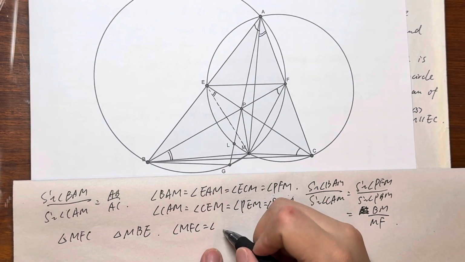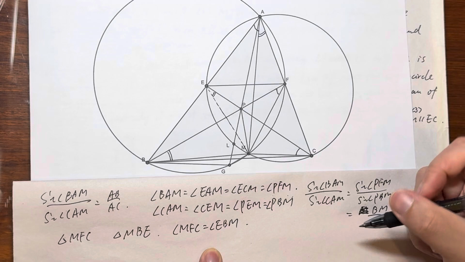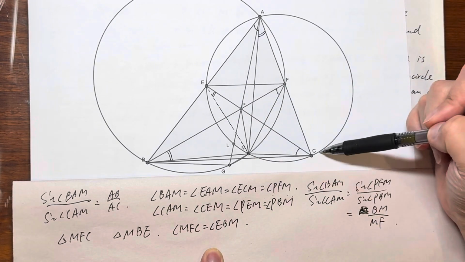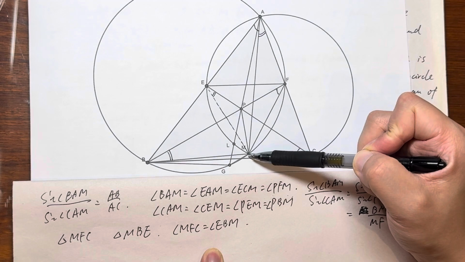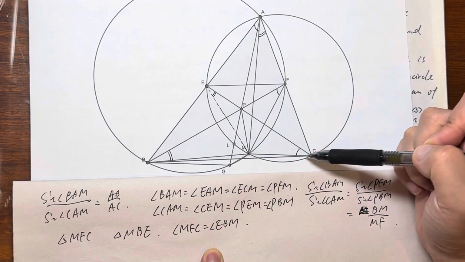And because A, E, M, C are cyclic, angle BEM equals angle FCM.